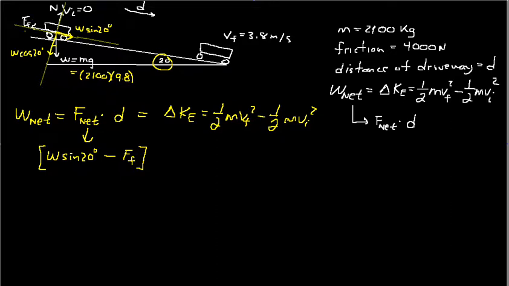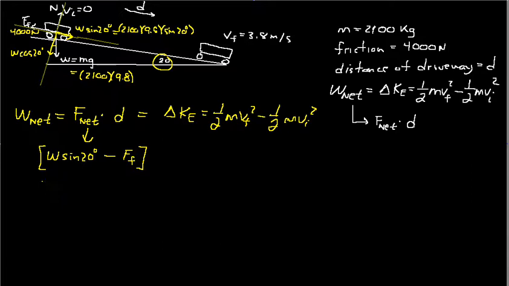We know that friction was 4,000 newtons because that's what we were told. This is going to be the equivalent of 2100 times 9.8 times the sine of 20.